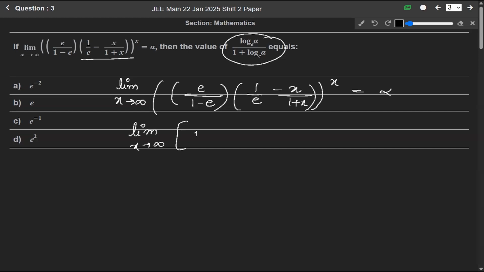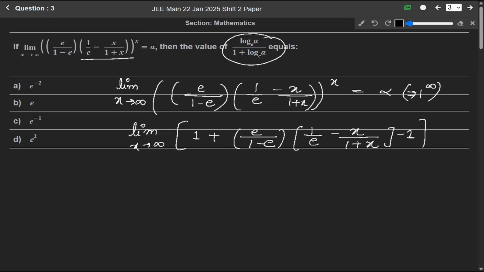This we can write as (1 + e) over (1 − e). We can also write alpha as a 1 to the power infinity form. So it will be (1/e − x/(1+x)) raised to the power x here.